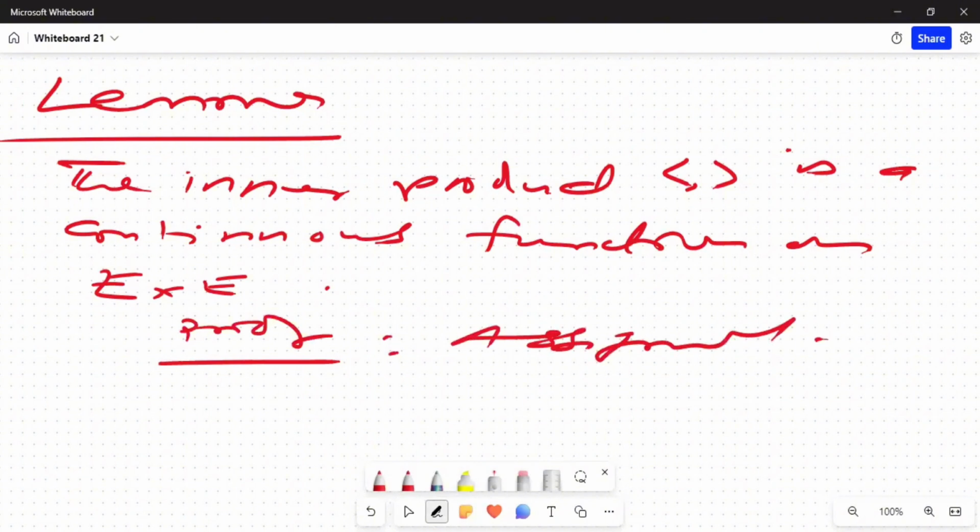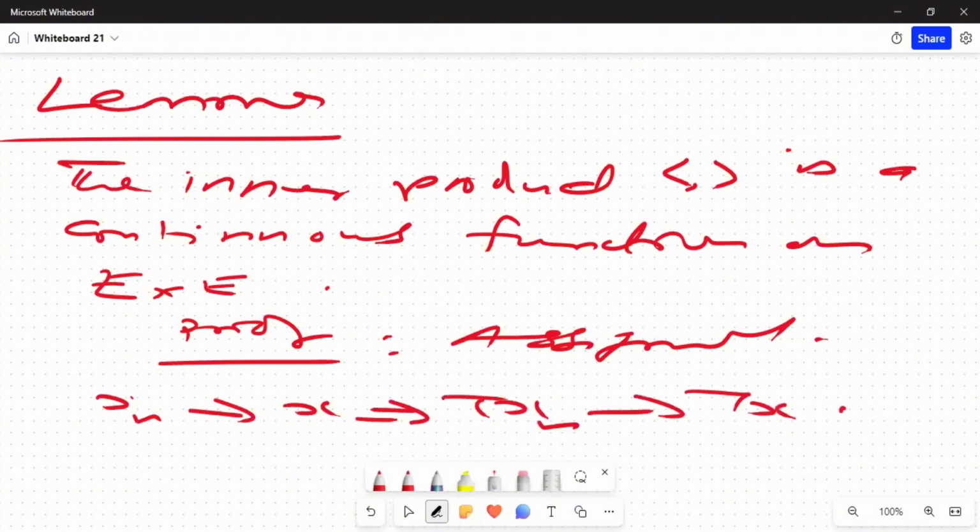You recall that if T is a continuous function, x_n converges to x implies that T(x_n) converges to T(x). Here your T is the inner product function.